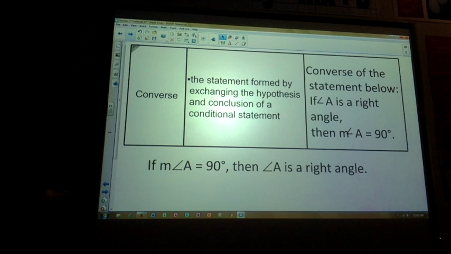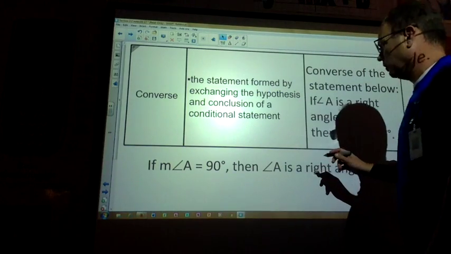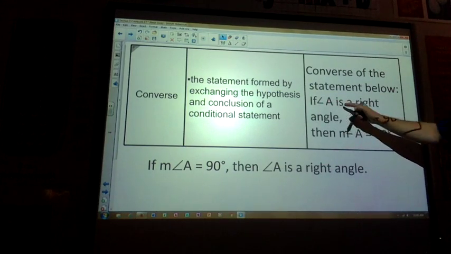The converse. The statement formed by exchanging the hypothesis and the conclusion. You keep the if there and you keep the then there, but you flip-flop your information. The converse statement: if angle A is a right angle, then the measure of angle A is 90 degrees. Notice they flip-flopped our if statement.